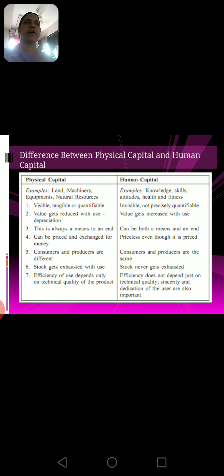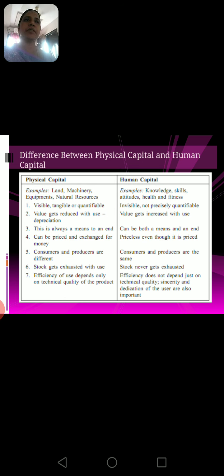Physical capital is always a means to an end. Human capital can be both a means and an end. Physical capital can be priced and exchanged for money, but human capital is priceless even though it is priced.